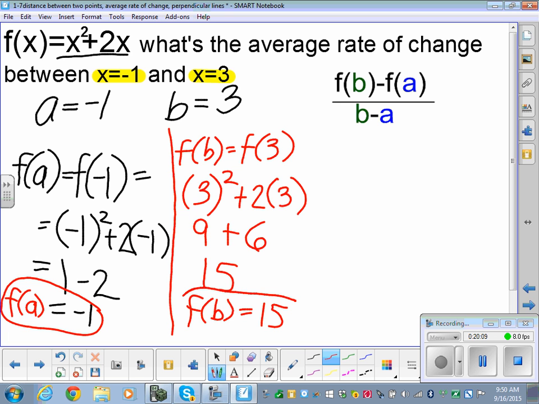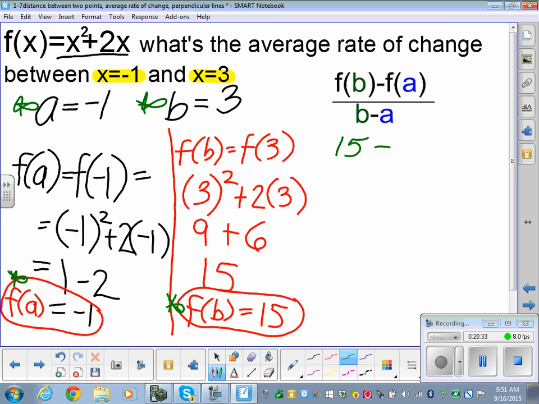I'm going to circle that so I can see it easily. Now it is so important that you're doing f of b minus f of a all over b minus a. We have f of b. We have f of a. We have b and a. All we have to do is substitute it, put it into our formula. So f of b, what is f of b? 15. So right here, I'm putting in a 15 minus f of a.